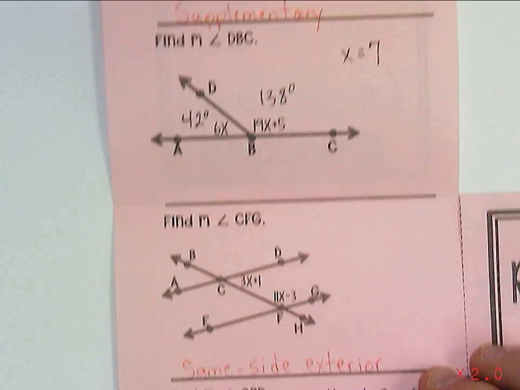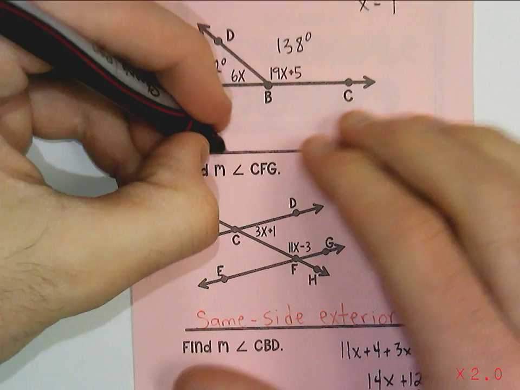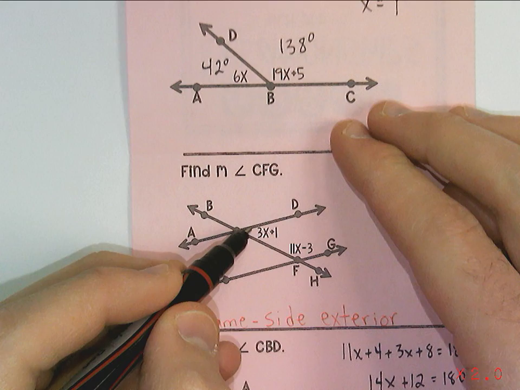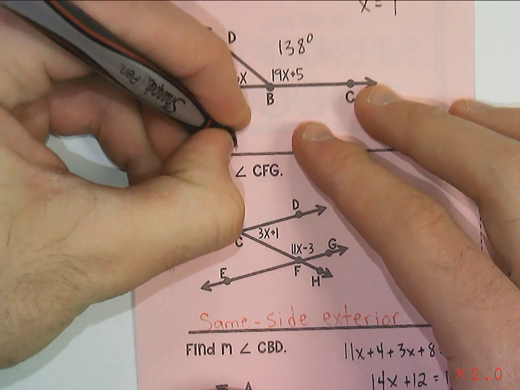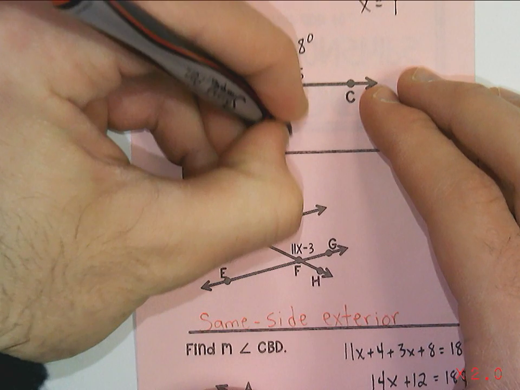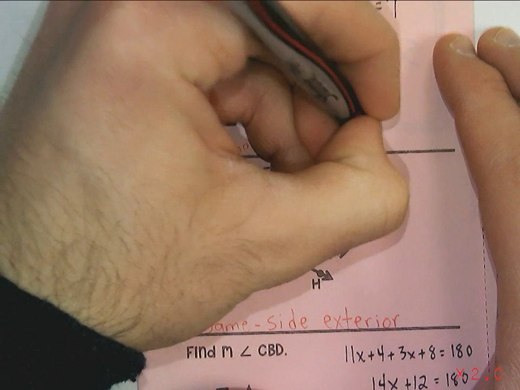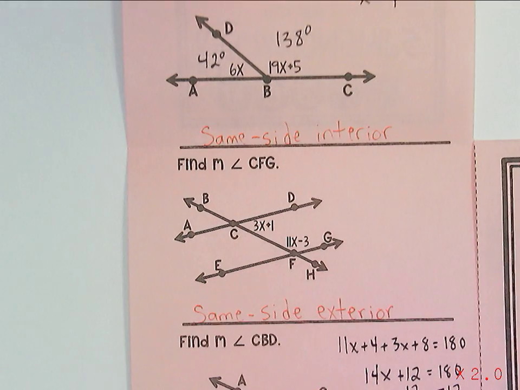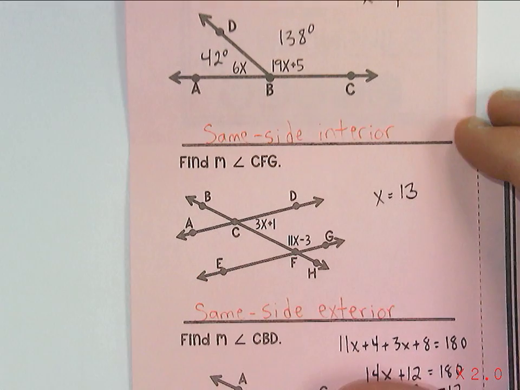And then problem number 3 would be same side interior angles, because they're on the same side and they're inside. Same side interior. And again, those add up to 180 degrees. So the value of x that you should have found is x equals 13.